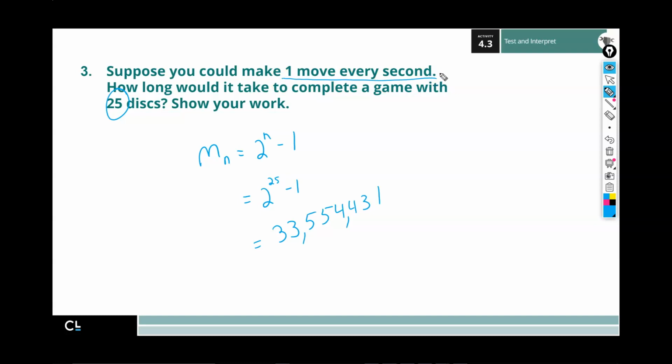If I divide by 60 to get the minutes, and then I divide by 60 again to get the hours, I would have like 9,320 hours. Divide by 24 to figure out how many days. So that would take me about 388 days to move 25 discs. Whew.